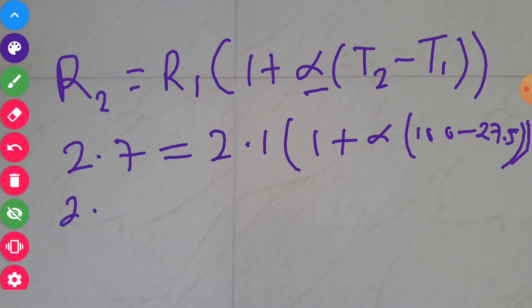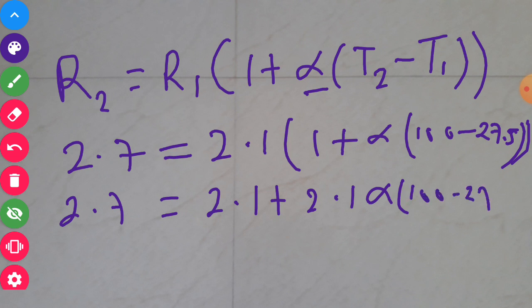2.7 is equal to 2.1 plus 2.1 alpha into 100 minus 27.5. This 2.1 can be taken on the other side.